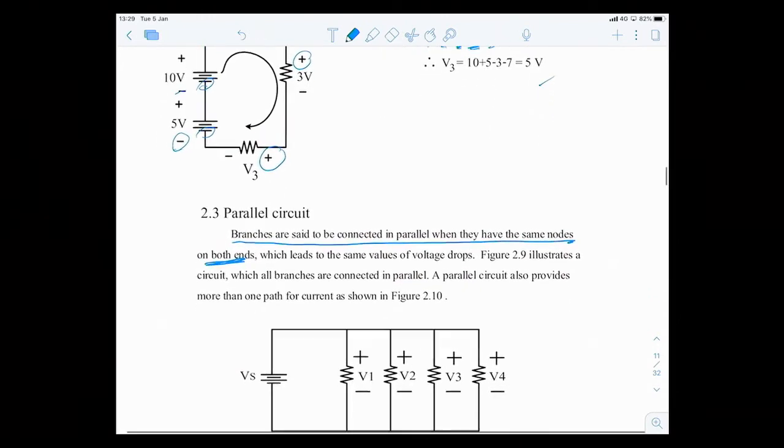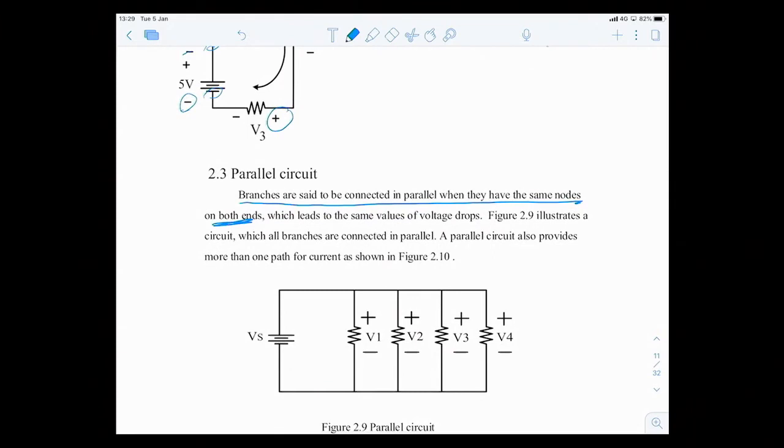So therefore, in this picture, all of the elements are in parallel because we see that this is the same node on the top here and also at the bottom, on both ends. The top ends and the bottom ends, the same node.